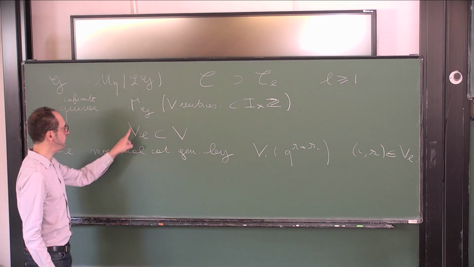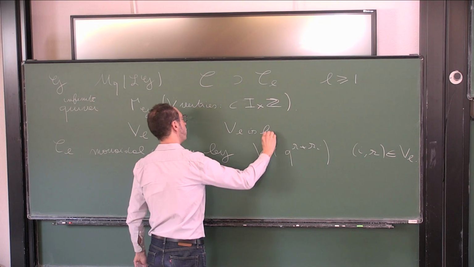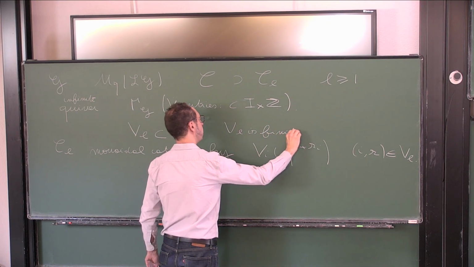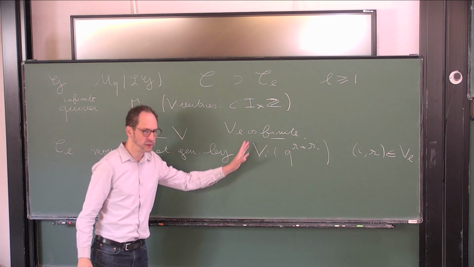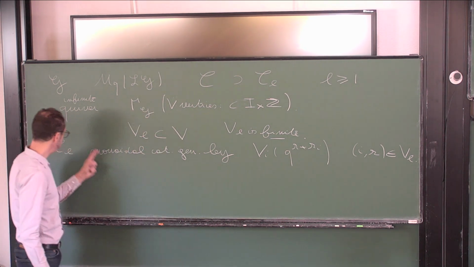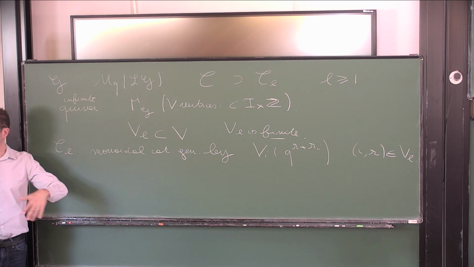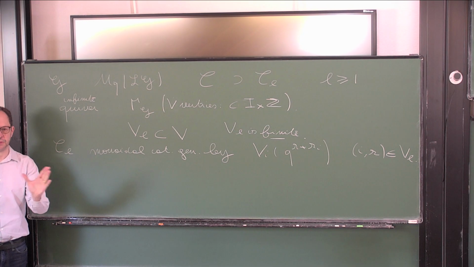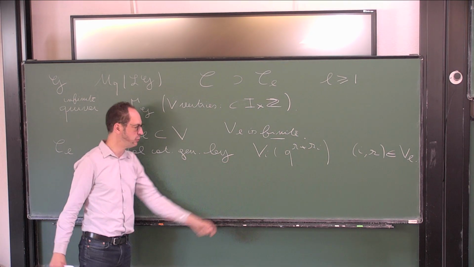So this VL is a finite set. I will give an example in a minute. It parameterizes a class of fundamental modules. And in particular, the Grothendieck ring of this category is again a polynomial ring generated by a finite number of variables, which are the classes of these fundamental modules.